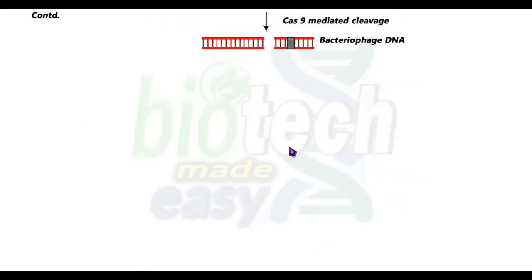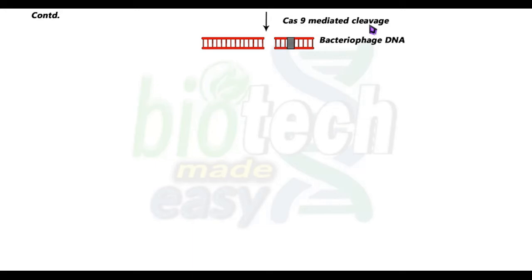Yeah, here you see. This was the target, this was the bacteriophage DNA. This is the PAM sequence, and here you can see the double-stranded break, and the cleavage has occurred here, and this is Cas9 mediated cleavage. One thing I must tell you here, that the PAM is required to degrade the invading DNA.